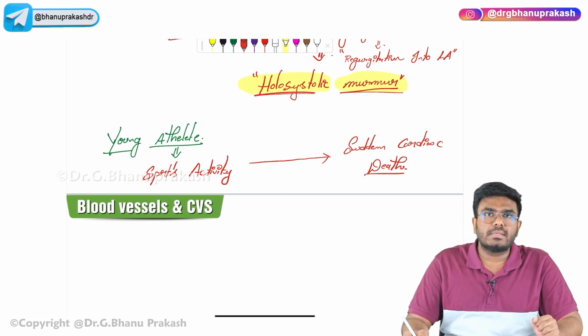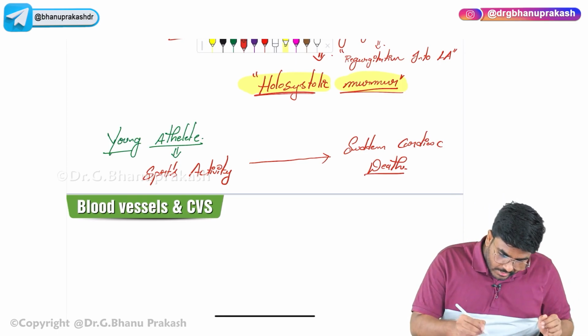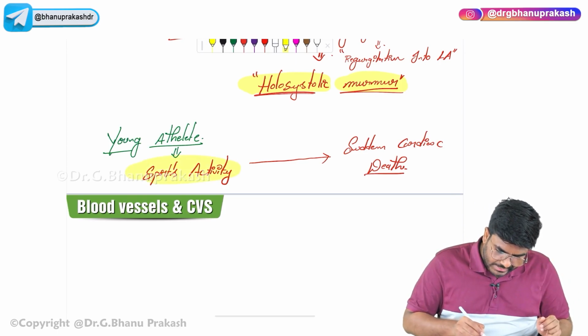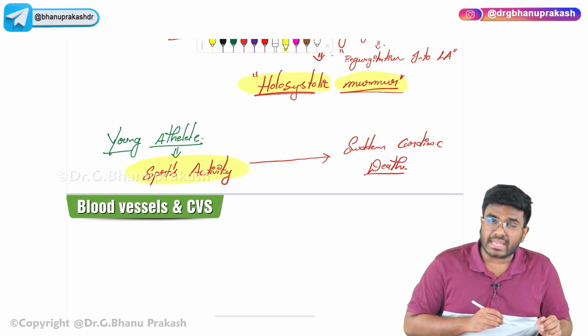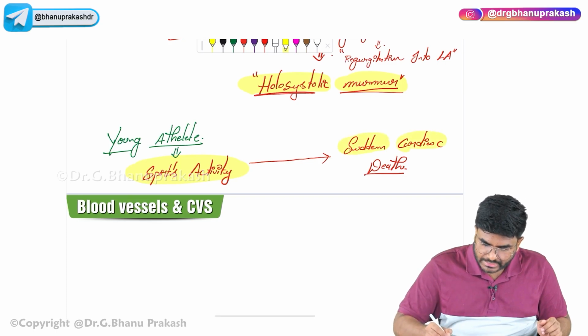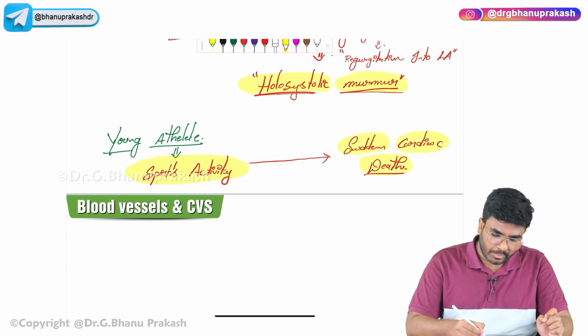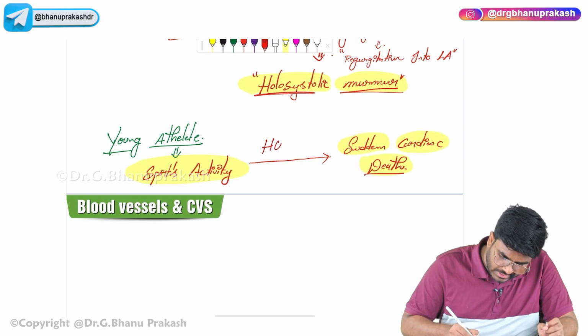Now, what might be the reason? It's the reason whenever this non-professional young athlete is going through sports activity and has sudden cardiac death. What might be the reason? He is having hypertrophic obstructive cardiomyopathy, HOCM.